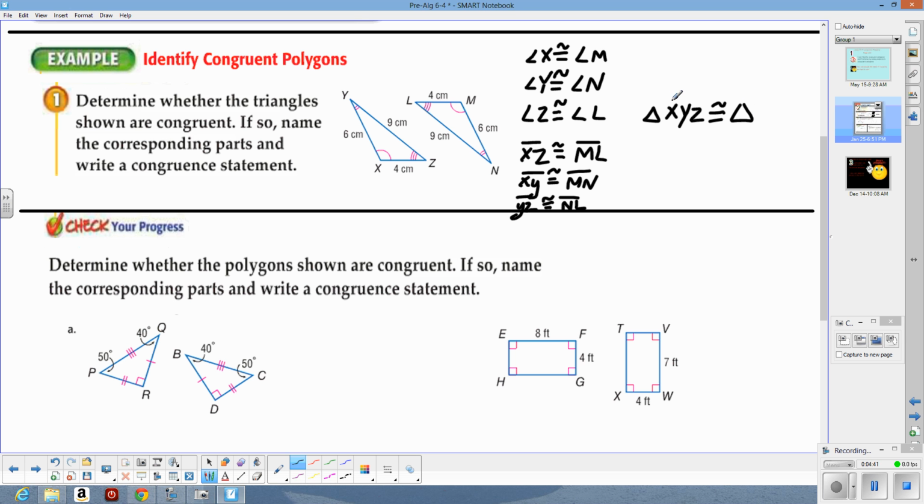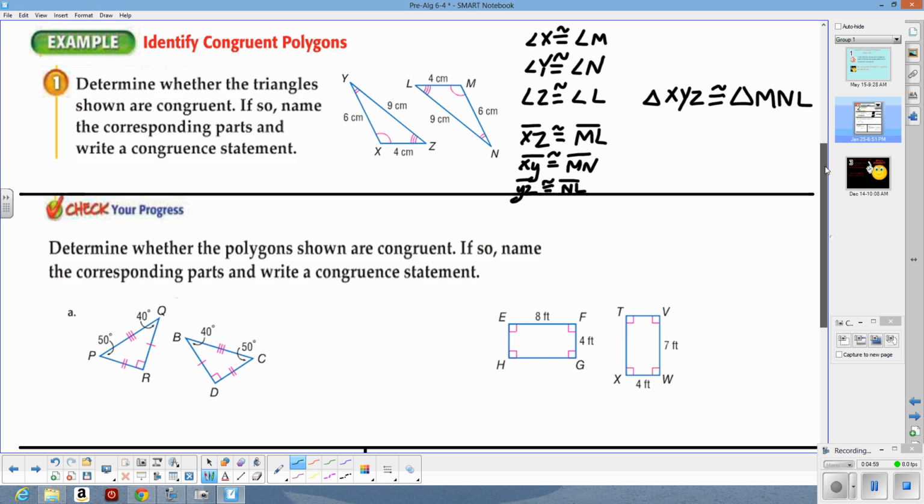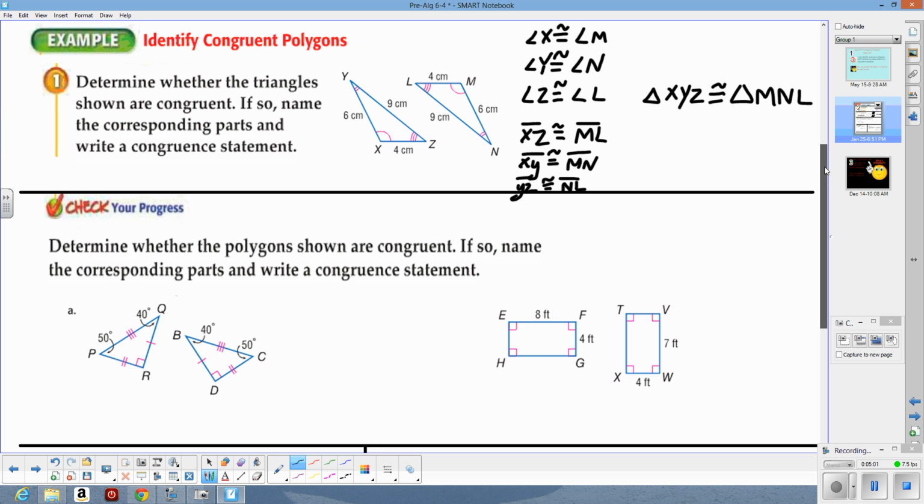So X matches up with M, so I'm going to put M down first. And then Y matches up with N, and Z matches up with L. So there's our congruence statement. You may want to try the next two on your own.